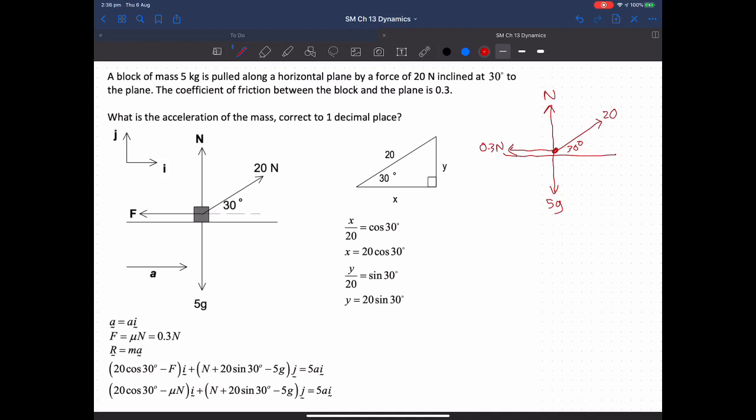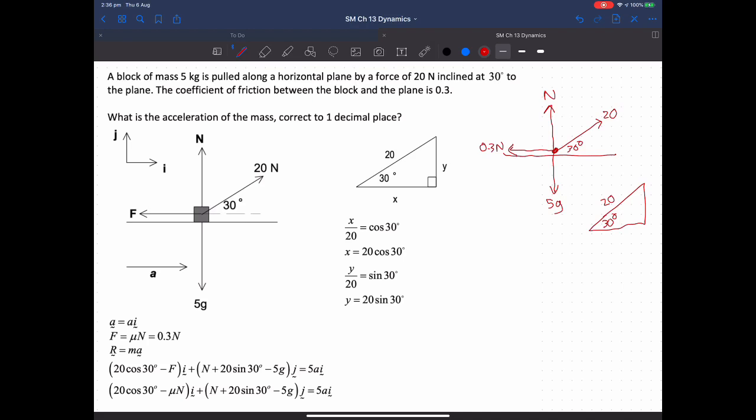Looking at my diagram, what I've got, again, is a force that is at an angle to the plane. We have got a right-angled triangle again. In that right-angled triangle, we have an angle of 30 degrees, and we have a hypotenuse length of 20.